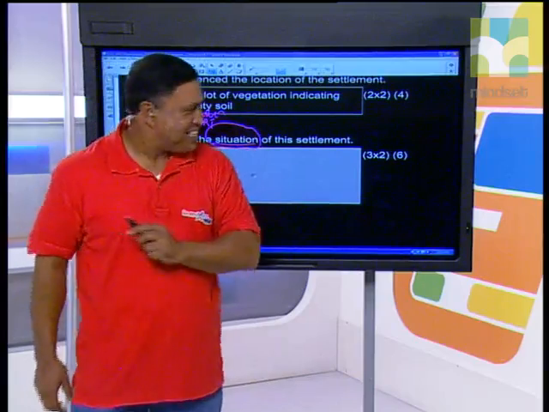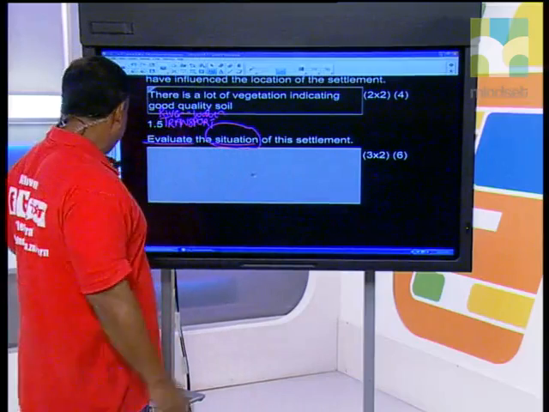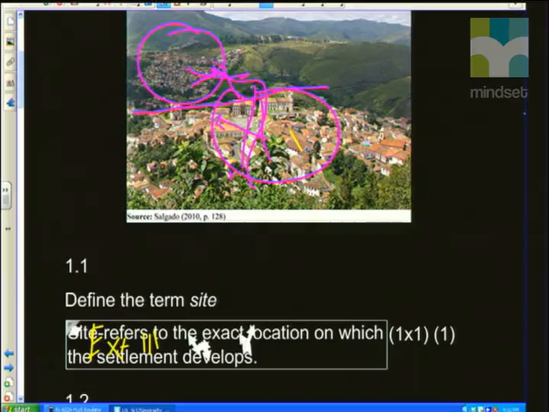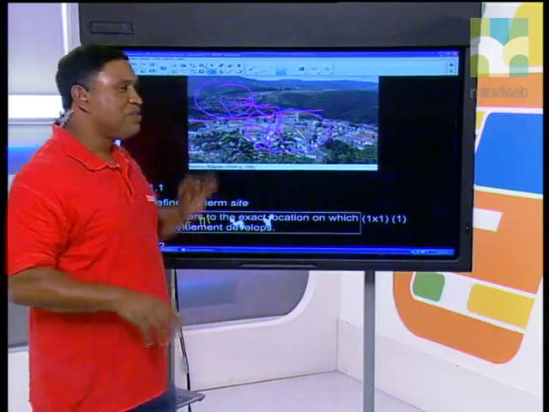Situation. Which not deals with fertile soil. Fertile soil is site. So you're right, there's a marketplace. What else did we find there? If you look up here, the transport network linking the road, the settlement to the market.